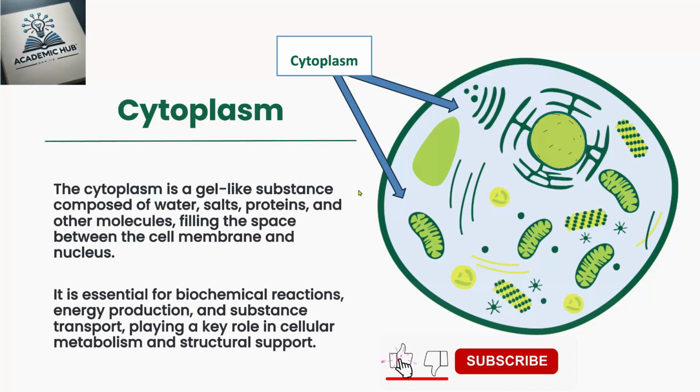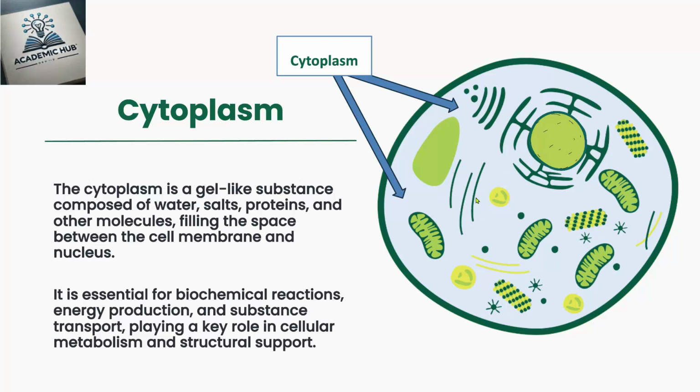The cytoplasm is a vital component of a cell, filling the space between the cell membrane and the nucleus. It is a gel-like structure, meaning inside the cell this is all cytoplasm.